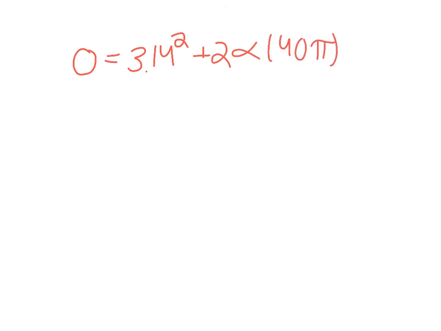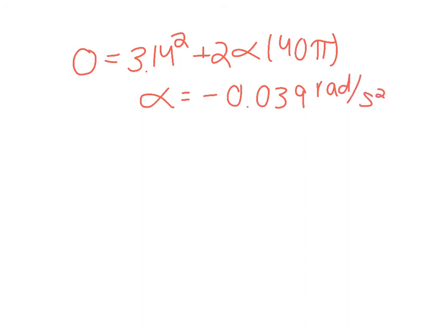We're going to have 0 for our angular final, and then 3.14 for our initial, and then 2 times what we're looking for, and then 40 pi. So our acceleration is negative because we're slowing down, 0.039. And remember, this is radians per second squared.